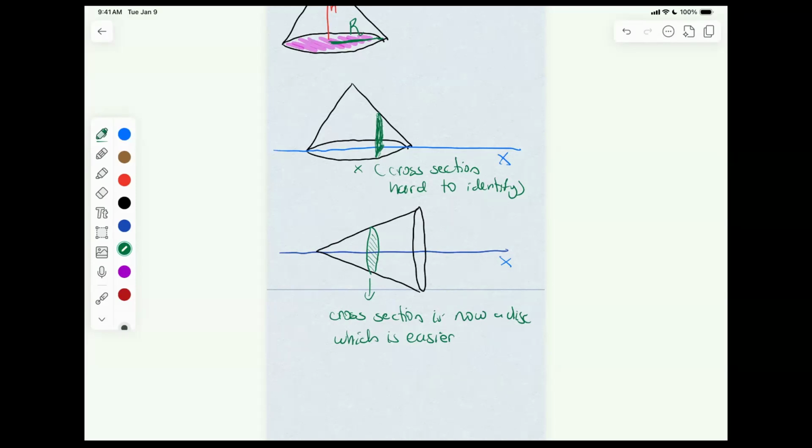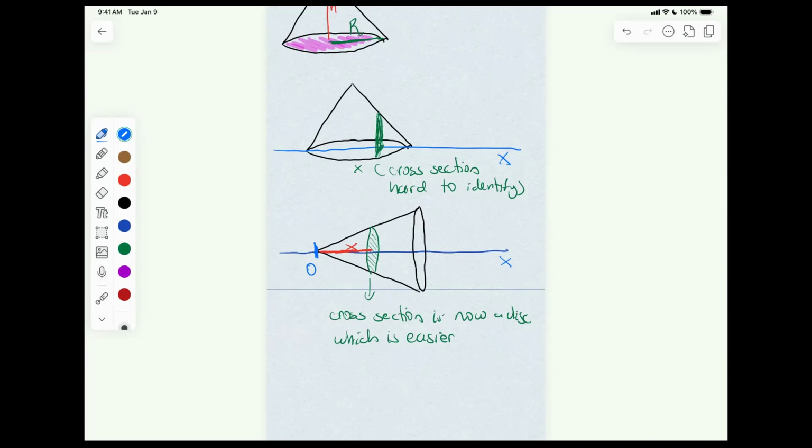Okay, and again, if you think of this disk being at a distance x from the origin, it does make sense for this problem to put the origin at the vertex of the cone. So that the integral goes from what?